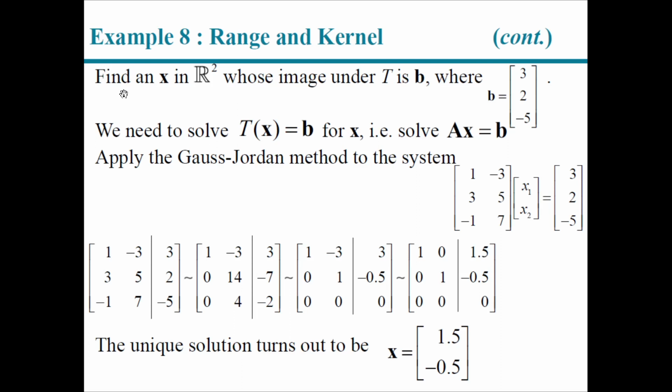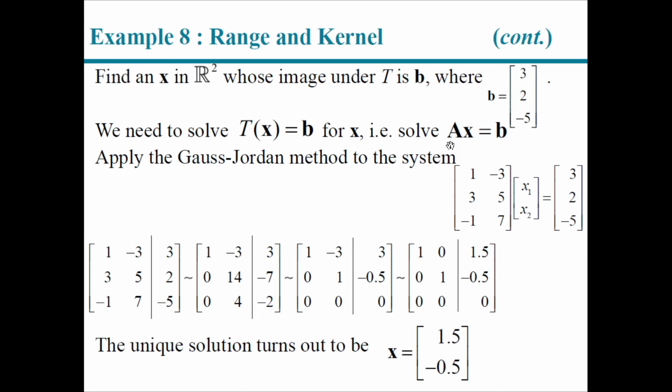A very curious question. We need to find a vector x in R2 whose image under the linear transformation T is the vector B, which is given here. So we need to find x such that T of x is equal to B. We remember that the action of T on vectors in R2 is expressed by the matrix-vector product, where the matrix A is the standard matrix of the linear transformation.